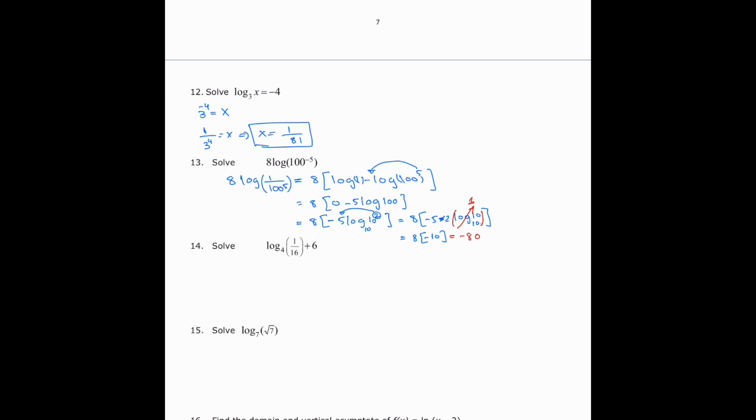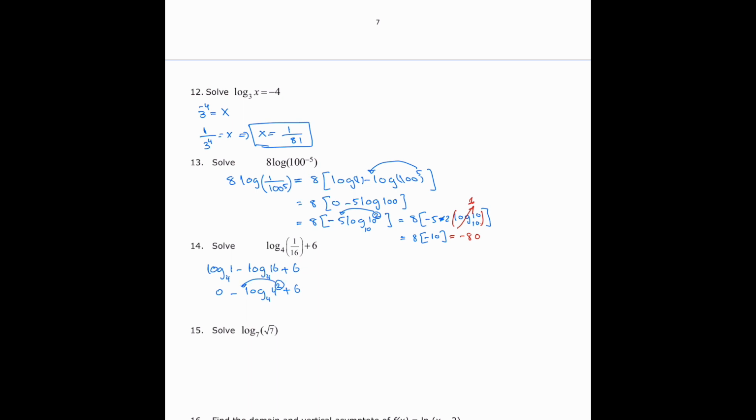Log base 4 of 1/16 plus 6. So this is going to be using the quotient rule. This is going to be log base 4 of 1 minus log base 4 of 16 plus 6. 16 can be 4 to the second power, so log 1 is 0 minus log base 4 of 4 to the second power plus 6.